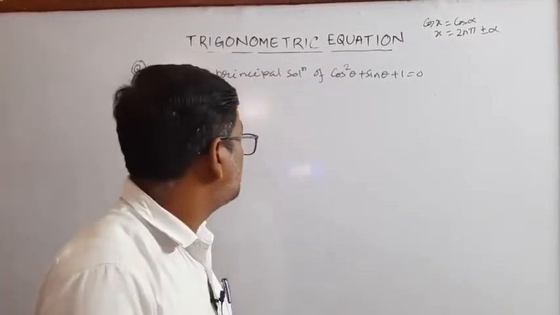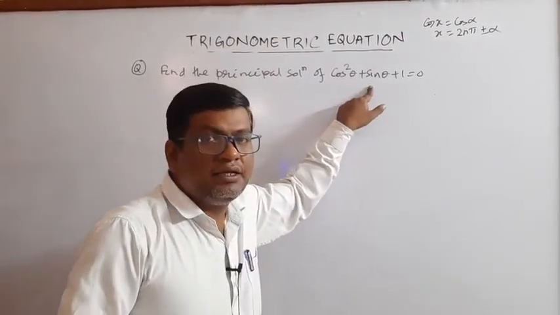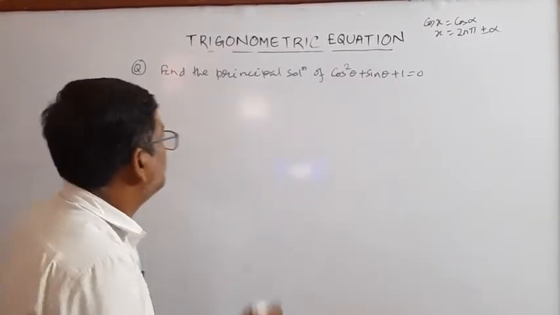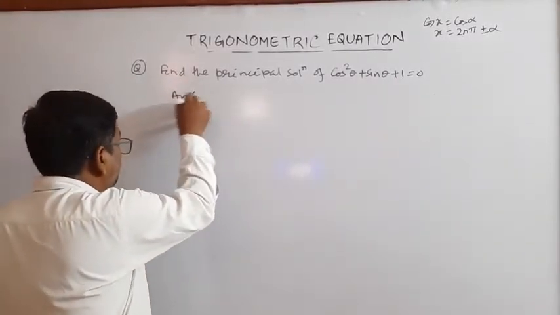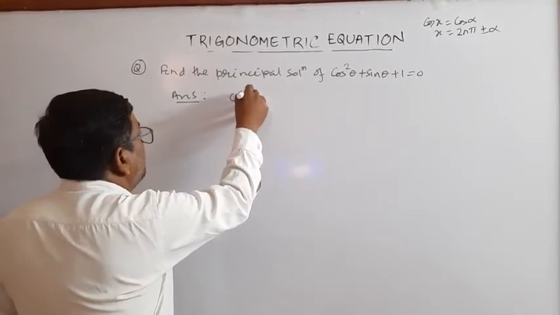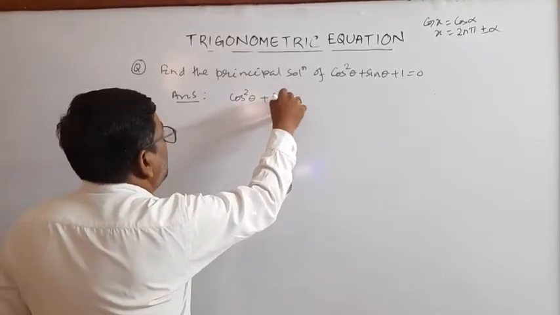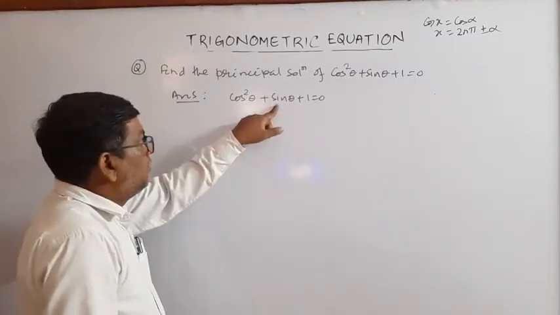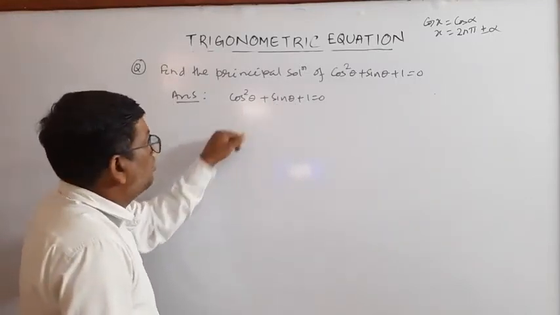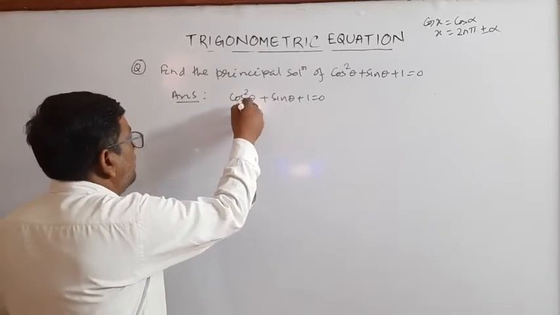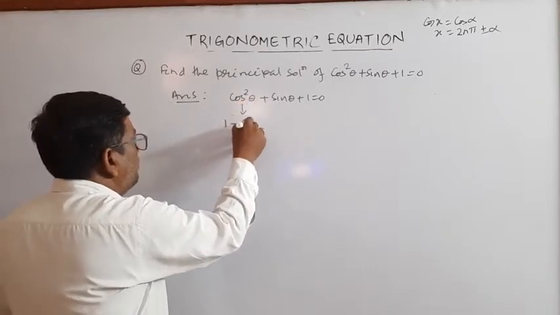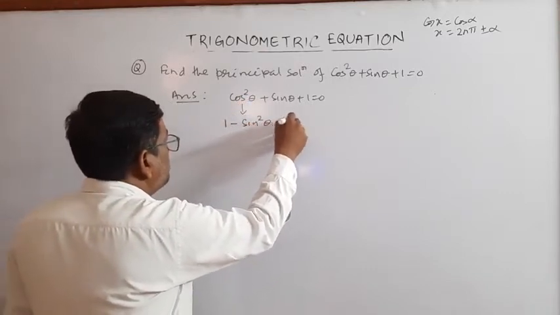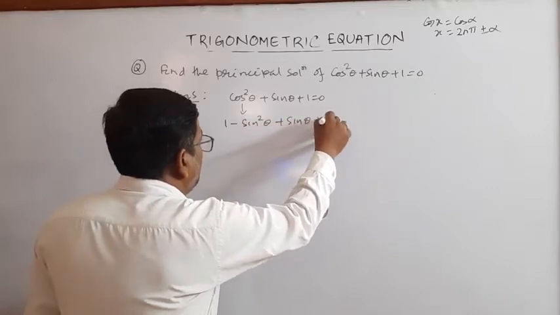Find the principal solution of cos square theta plus sin theta plus 1 is equal to 0. Here we have sin form and cos square form, so convert cos square in terms of sin: 1 minus sin square theta plus sin theta plus 1 is equal to 0.